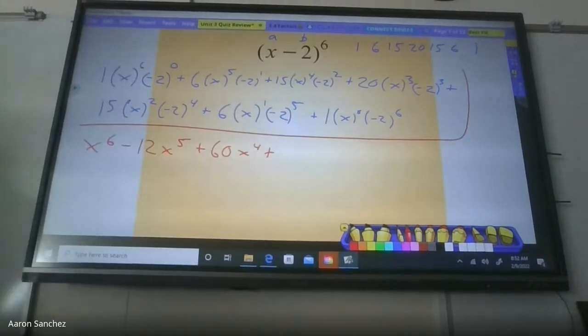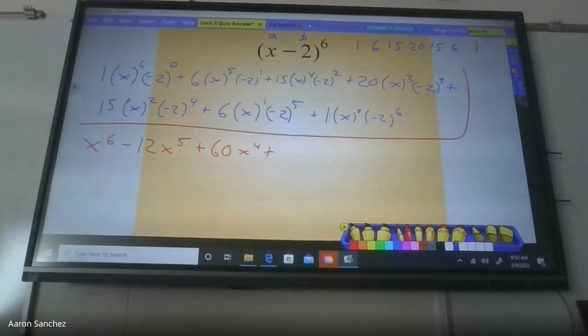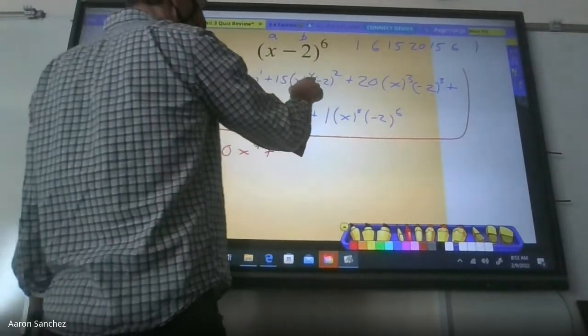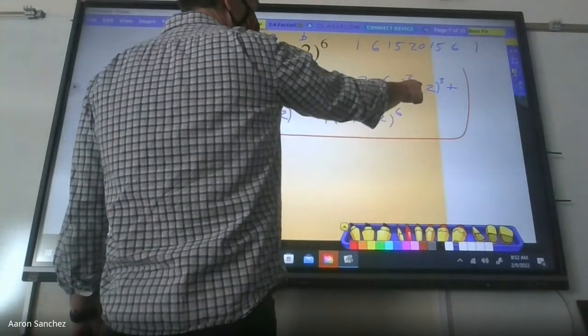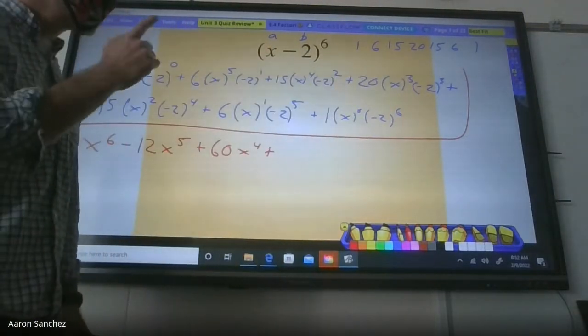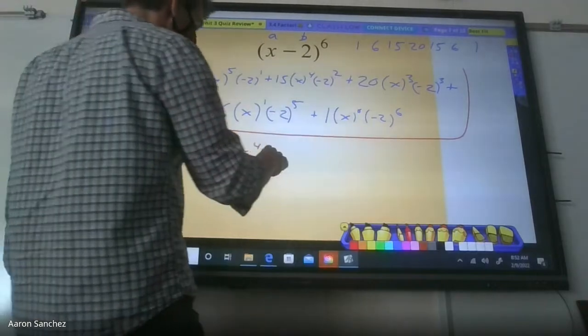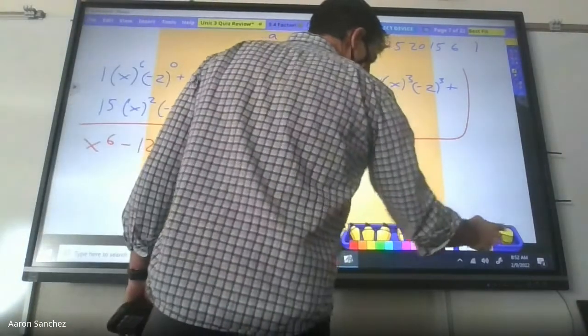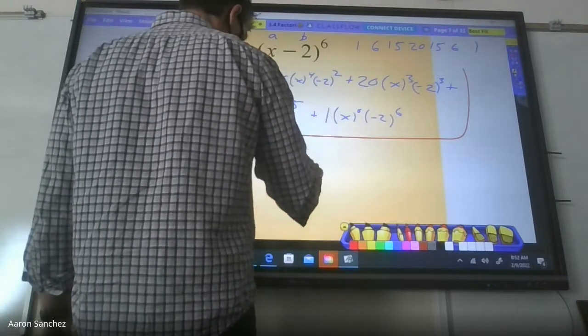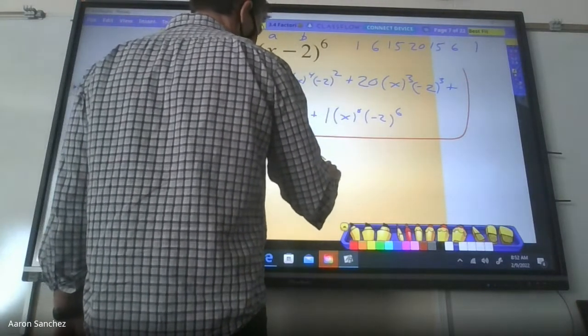Get my calculator out. So negative 2 to the 3rd, what's that? Negative 8. Negative 8 times 20 is negative 160. Minus 160 x to the 3rd.